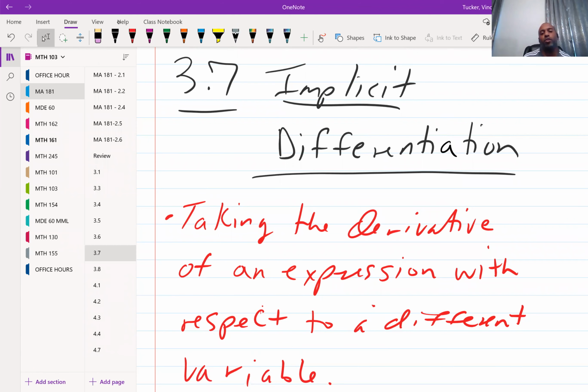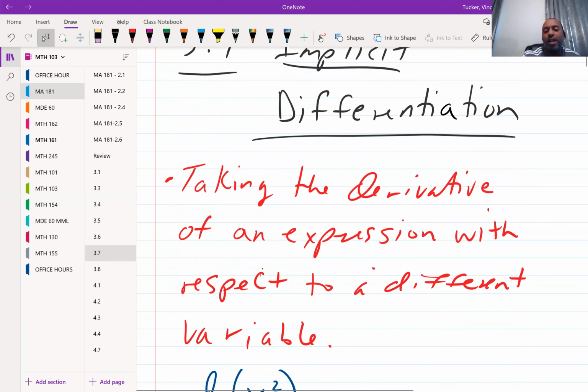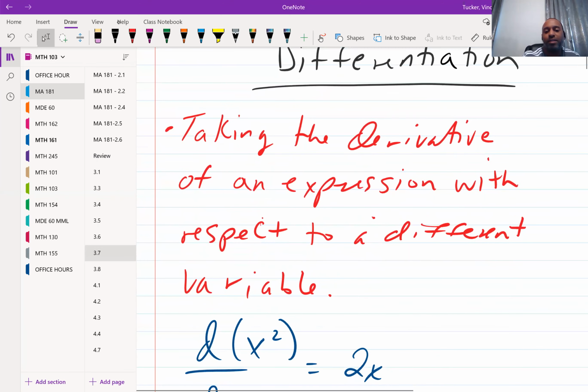We're looking at taking the derivative of an expression with respect to a different variable. It's almost like you're taking a partial derivative, kind of, sort of.